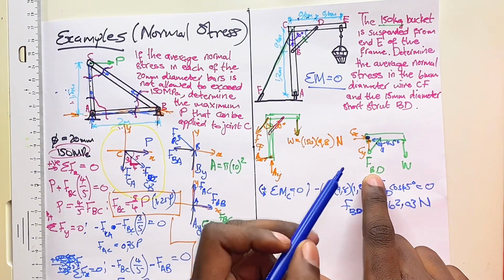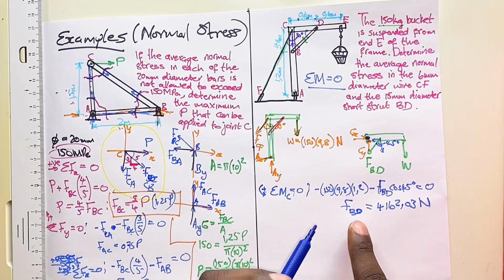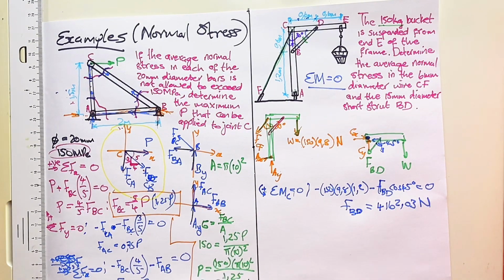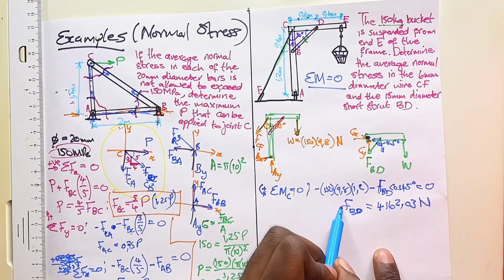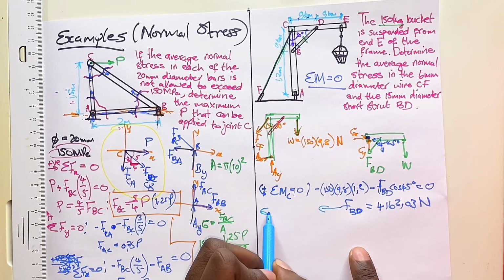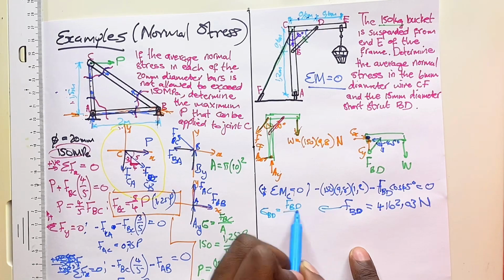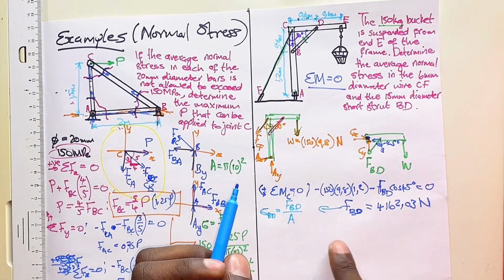Now what we have to do is find the normal stress. Now remember that the normal stress is force over area. So to find the normal stress in BD, we'll have normal stress in BD will be FBD over the area.